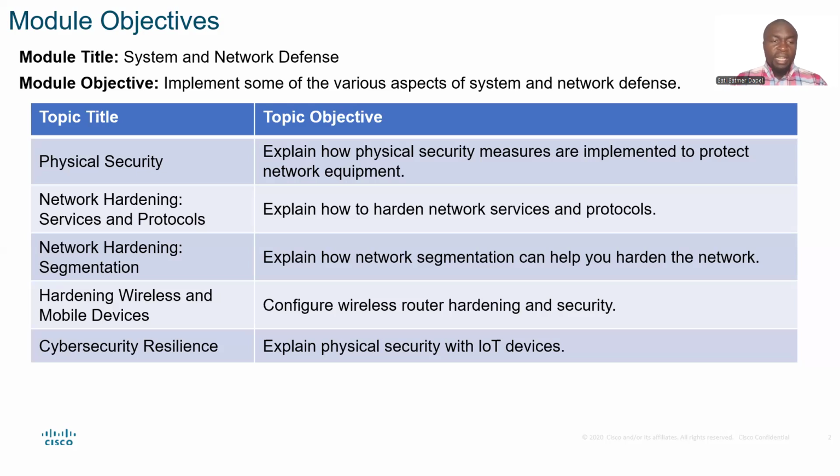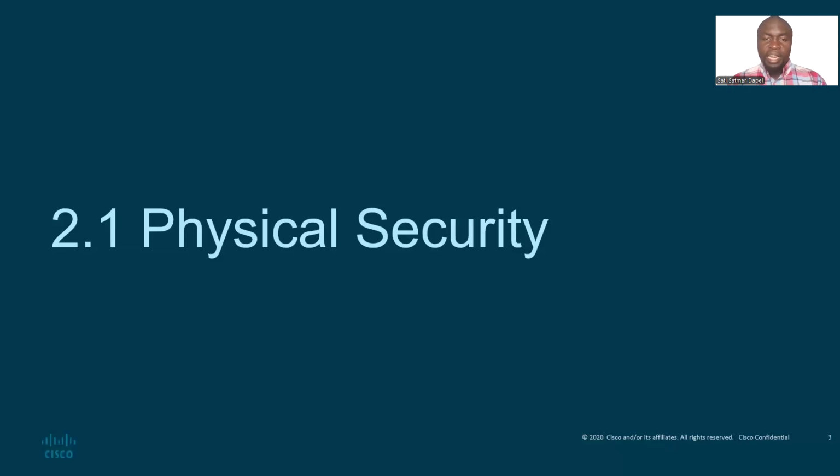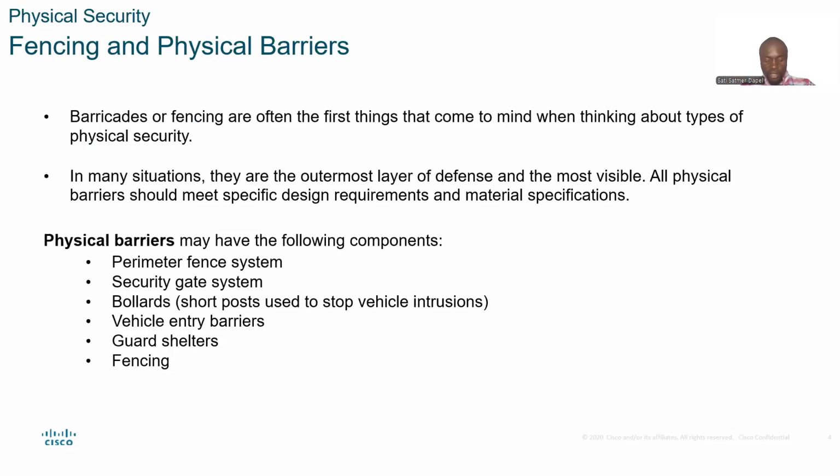Then we will be looking at network hardening segmentation. Here, we're going to be looking at the concept of VLANs, or rather, how segmenting your network into VLANs can secure your network. Then we will look at hardening wireless and mobile devices. Then we'll be looking at cybersecurity resilience. Okay. Now, physical security.